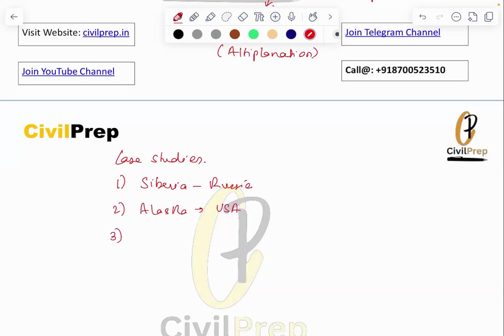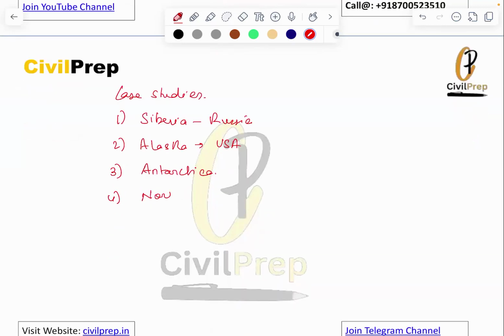Number three, it can also be seen in the region of Antarctica. It can also be seen in Northern Europe, mainly in the region of Scandinavia, where glaciers are found. The cases can be seen here.